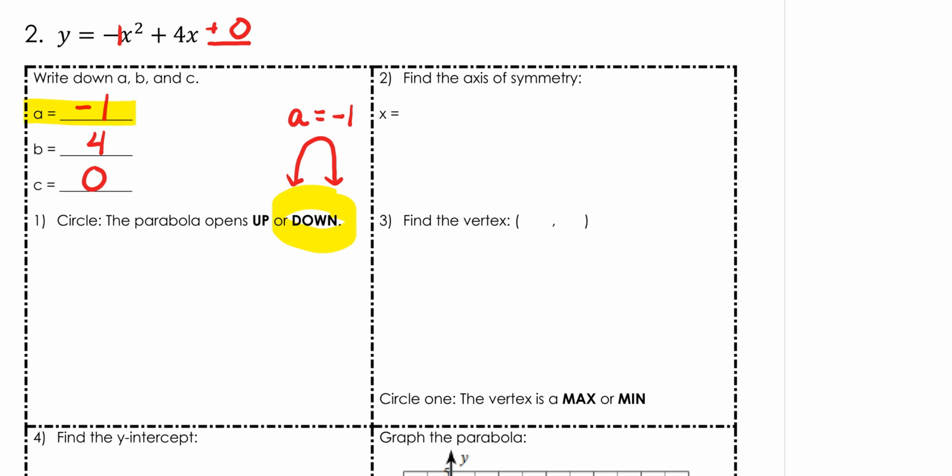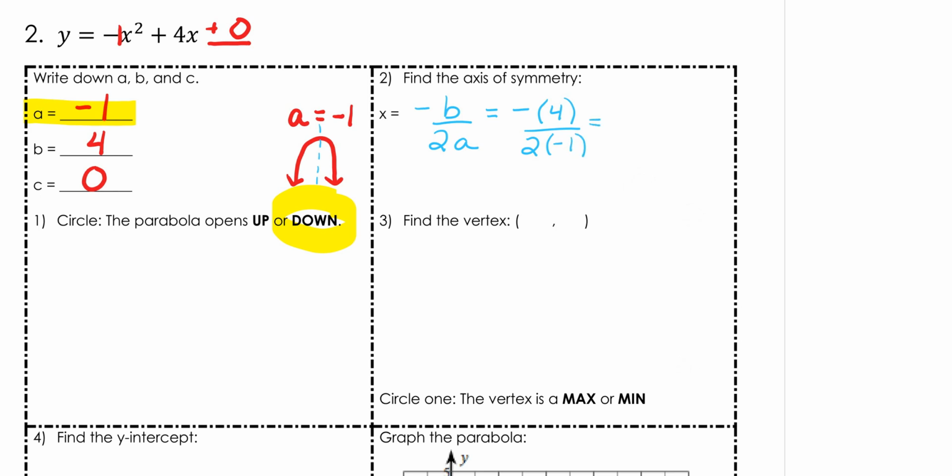We're going to find the axis of symmetry now, the line that's going to go down this parabola and cross through its vertex. To find it, we're going to apply our formula, negative b over 2a. Negative, I'm going to write that down first, then I'm going to look at b. b is a positive 4 over 2 times a, which is negative 1.